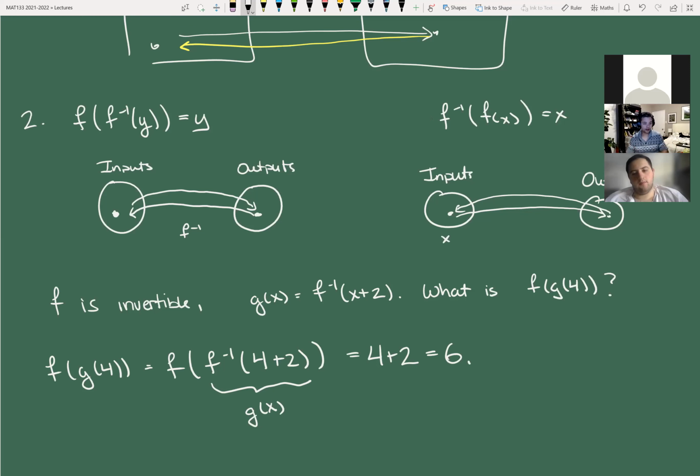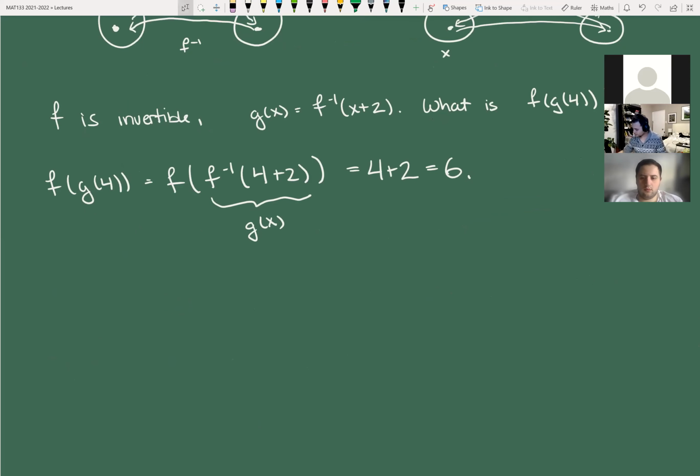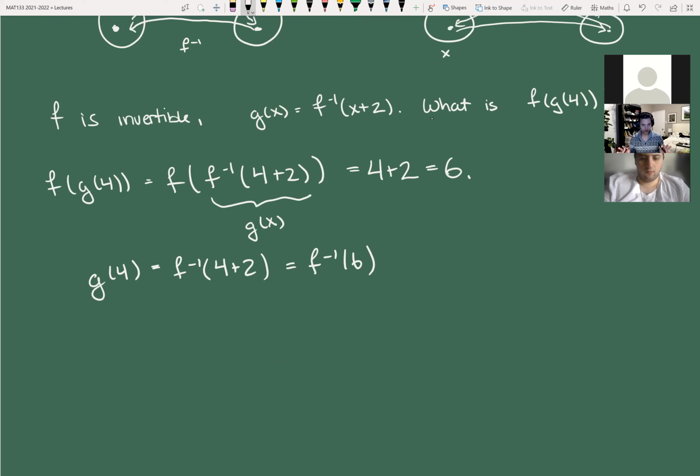Yes, so I did x plus 2. Okay, let's see if we can track this. So we're doing g of 4, which is f inverse of 4 plus 2, which is equal to f inverse of 6. Does everyone agree with that? Just in case some people are wondering, there's still a couple of confusion.